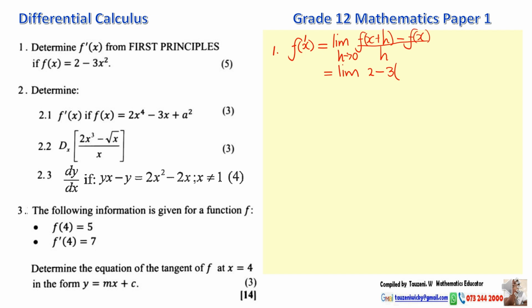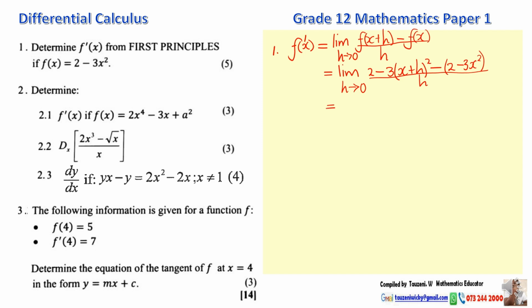What the formula means is that in place of x, we substitute x with x plus h. That is the first part of our formula, f of x plus h. It basically means you substitute x with x plus h.